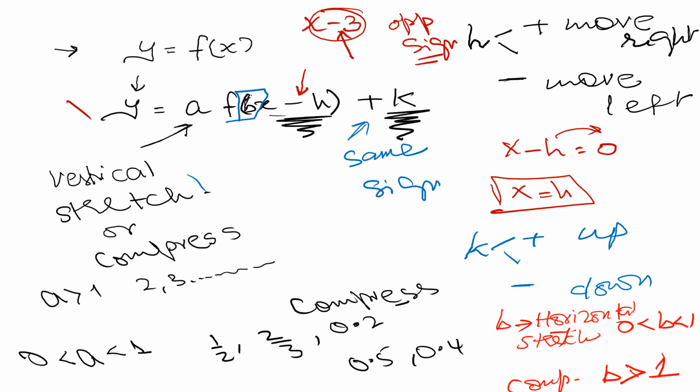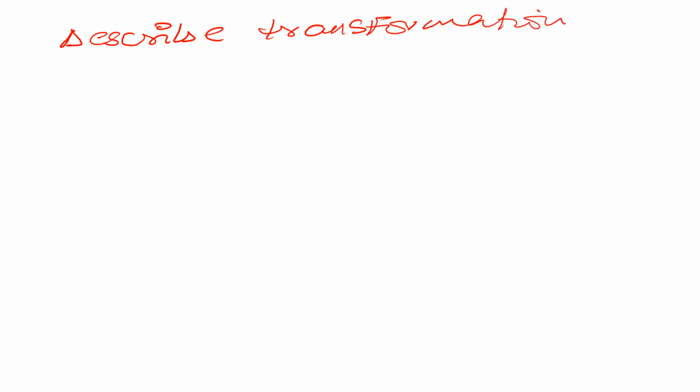You have to memorize all this terminology, and let's try to understand the transformation. If the question says describe the transformation, let's understand from here. For example, f of x minus h.